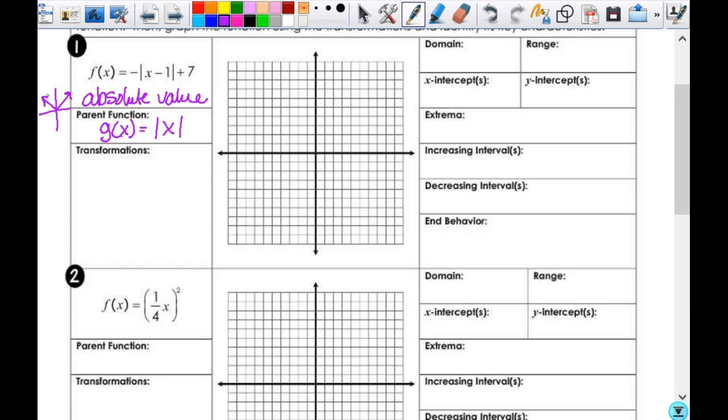We're all good? Yeah. In this box, we're doing pretty much what we did yesterday. List out what the transformations are. We start with the negative right there. So that means we're going to reflect, right? What are we going to reflect in? The x-axis. Then there's the multiplication type of thing I have in there.